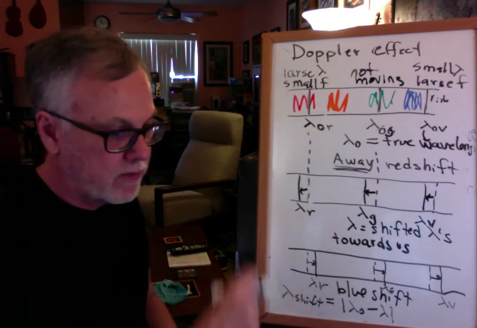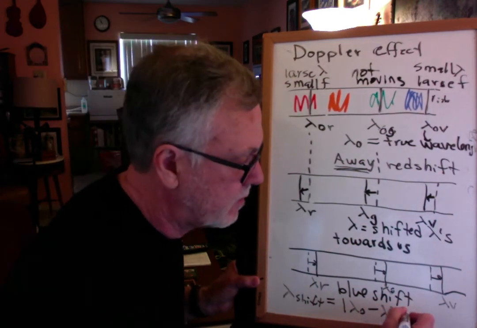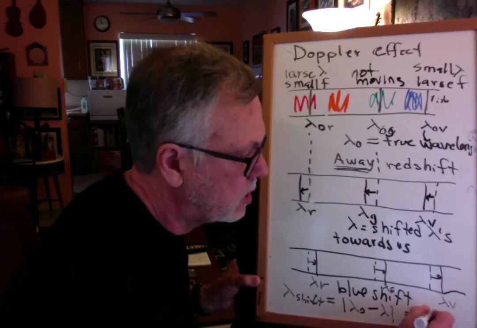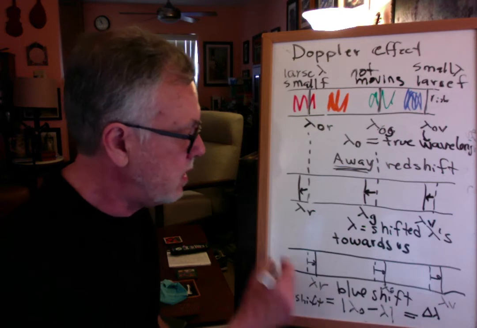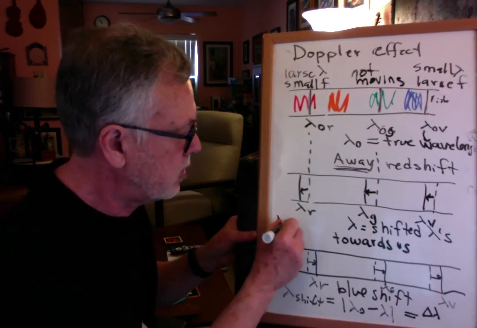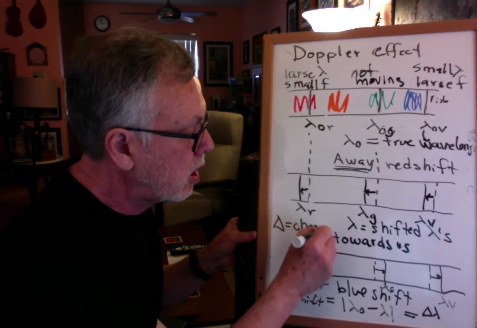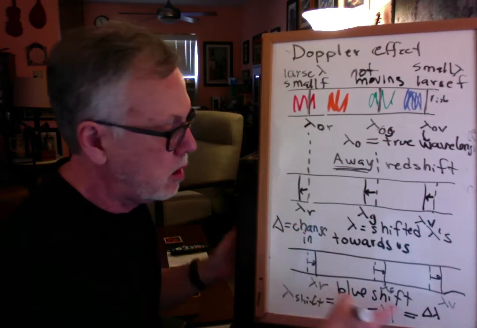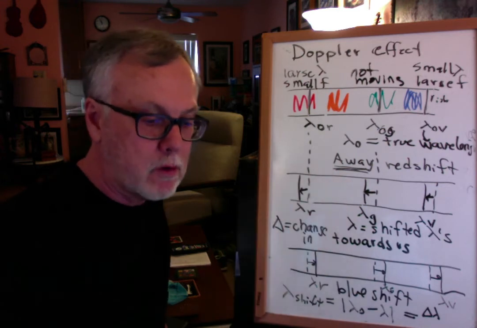It's called the shift in wavelengths, and there's a term for that. It's delta lambda. Delta means the change in. So delta lambda is the change in wavelengths because of the Doppler effect.